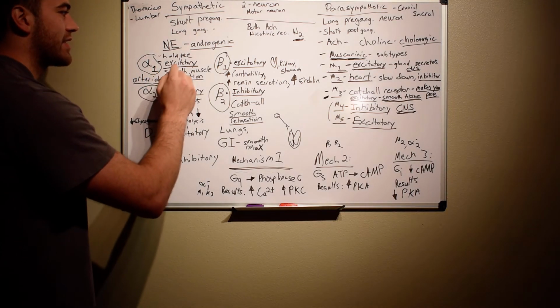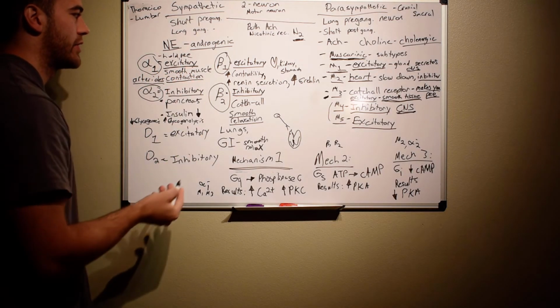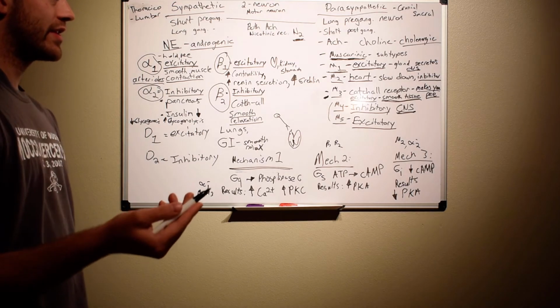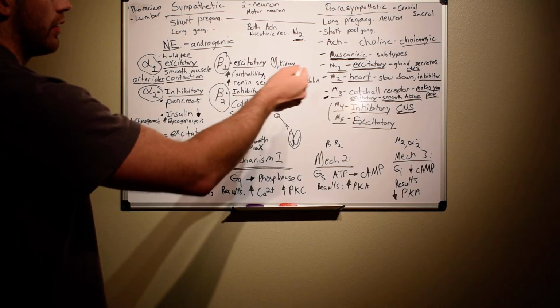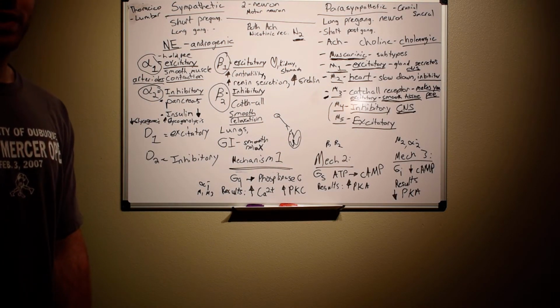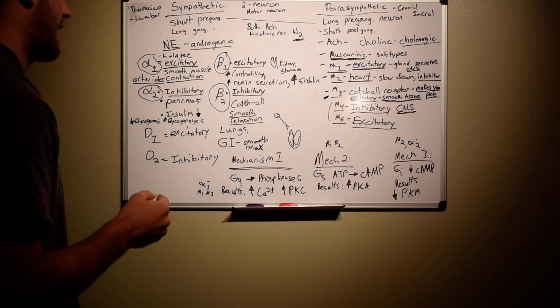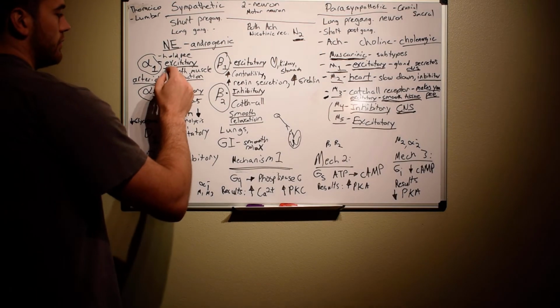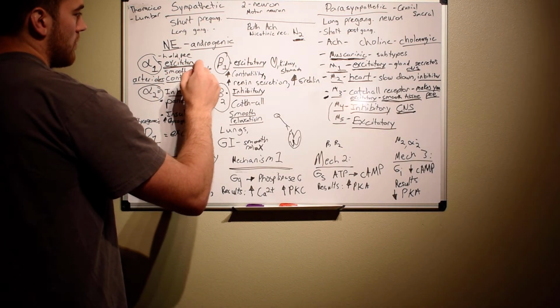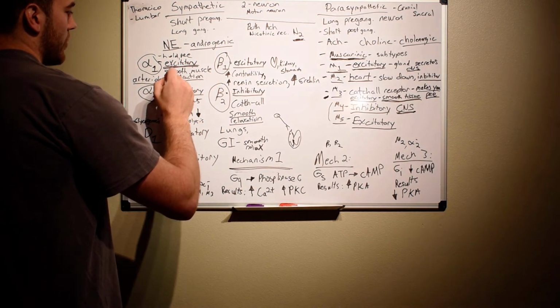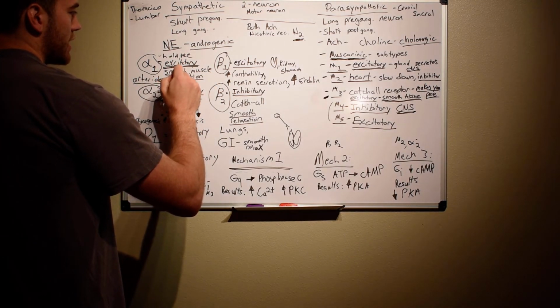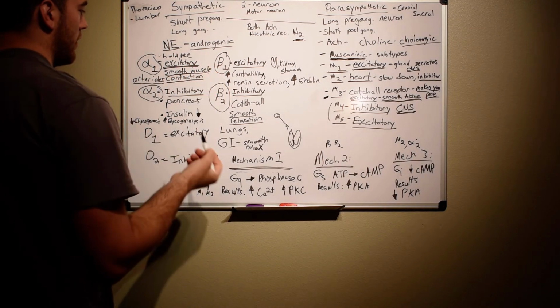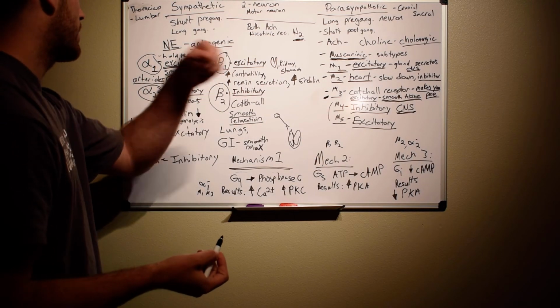Alpha-1 is an excitatory receptor. So like I said with excitatory and M1, it's going to induce something to do something, not hold something back, okay? Excitatory, it's going to be with smooth muscle, just like the M3 receptors.